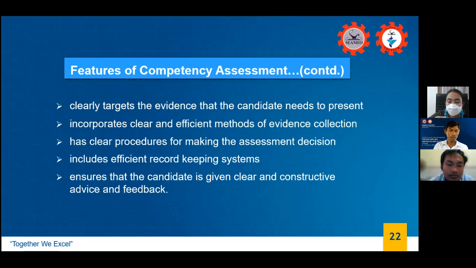So competency assessment, what does it do? It clearly targets the evidence that the candidate needs to present.